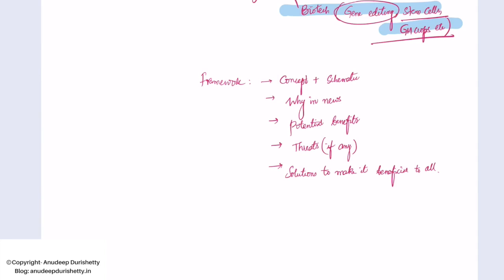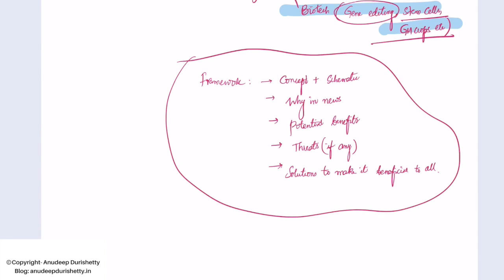Now once you have this basic knowledge, what you have to do is just try and find out any scientific issue that is recently recurring in news and develop a basic framework around that particular scientific issue. The framework goes along the lines of first the concept and a relevant schematic if possible. Why is that particular thing in news?